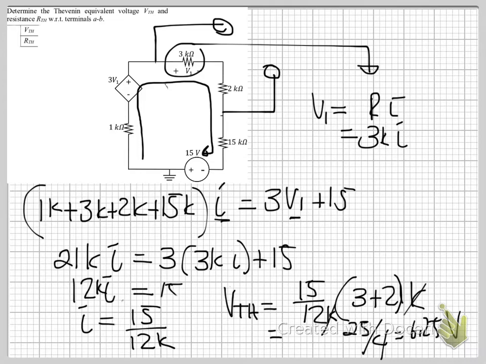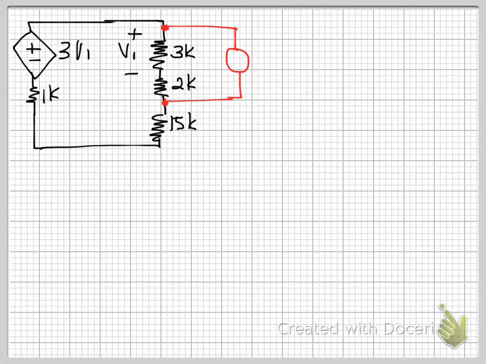So now we need to find our Thevenin resistance. For us to find R Thevenin, we need to add a test source because we have this dependent source in our circuit, right? So when you look at this, you might ask yourself, should I use a current source? Should I use a voltage source?